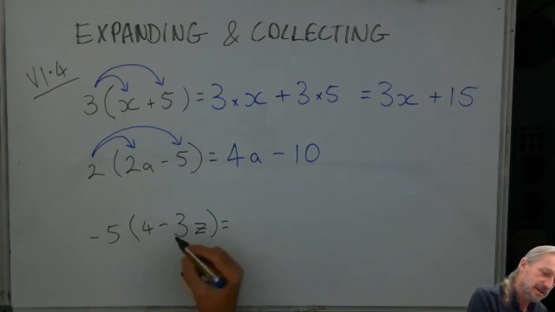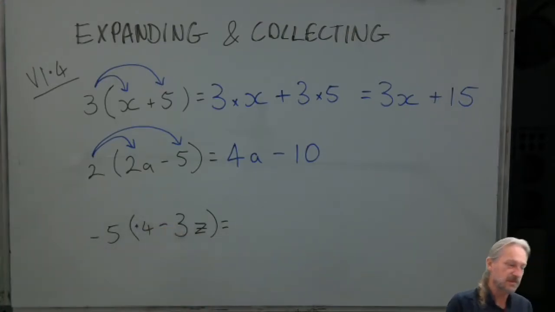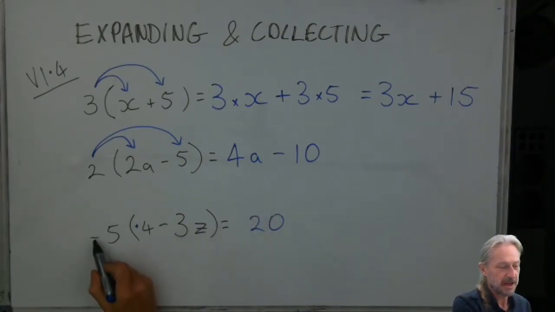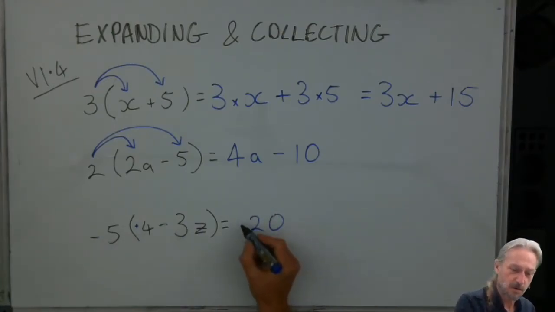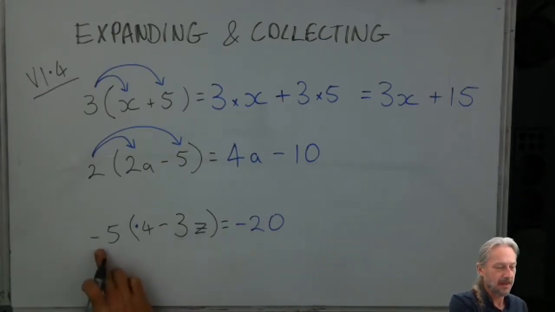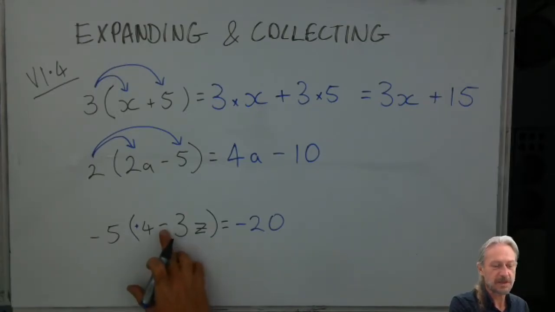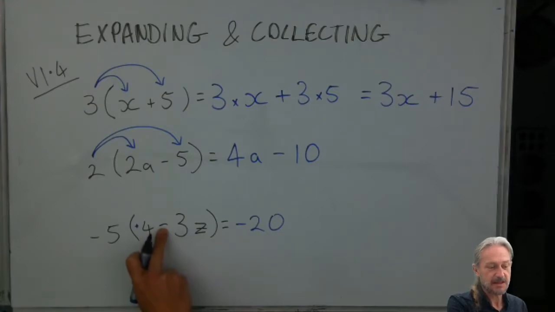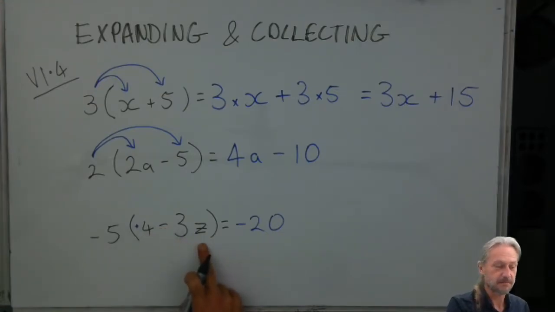this is a sneaky positive 4. So we've got 5 times 4 is 20. But because it's a negative 5 times positive 4, we get a negative answer. And then, because we're subtracting here, we could think of this as subtracting a positive.